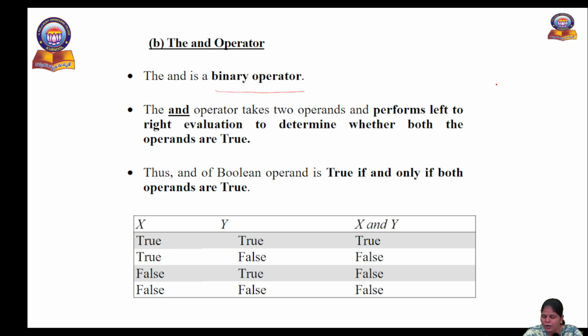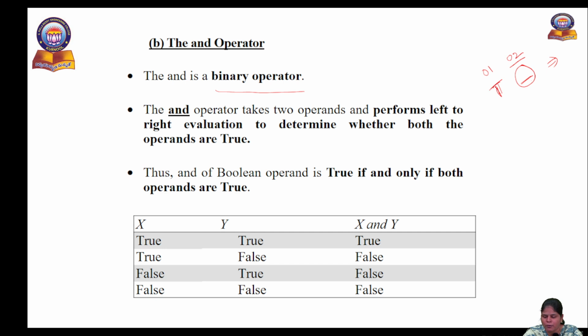This is the first operand and this is the second operand. If the first operand is true, then only it will check the second operand, because based upon the second operand the value will be generated, either true or false.